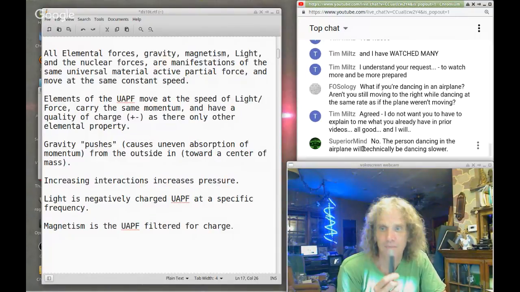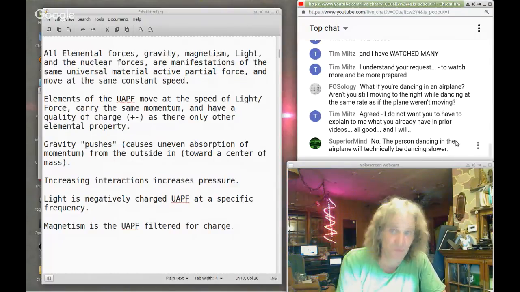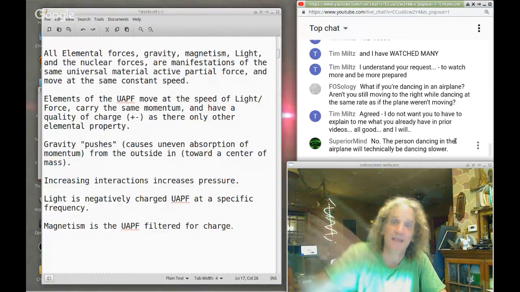All right, superior mind. No, the person dancing in the airplane will technically be dancing slower. All right. You have to explain why that technical truth is true. Slower than a person on the ground, slower to something not moving.